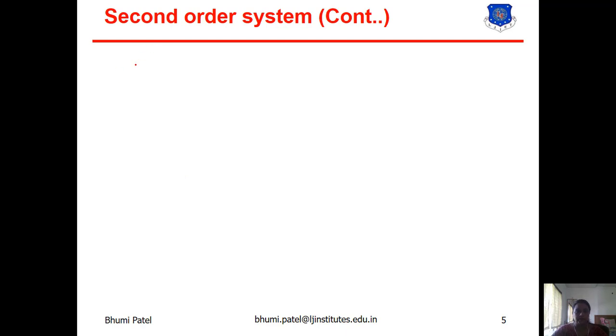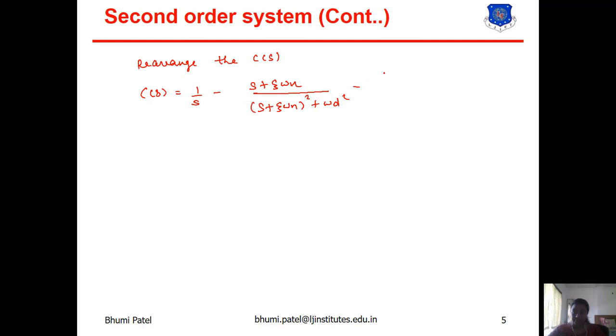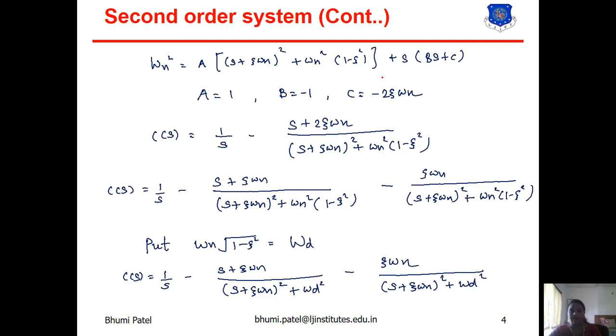Now rearrange the C of S equation, because we can get the inverse Laplace of the C of S. So rearrange C of S, we can get C of S is equal to 1 by S minus S plus zeta omega n upon S plus zeta omega n square plus omega d square minus, here zeta omega n is given.